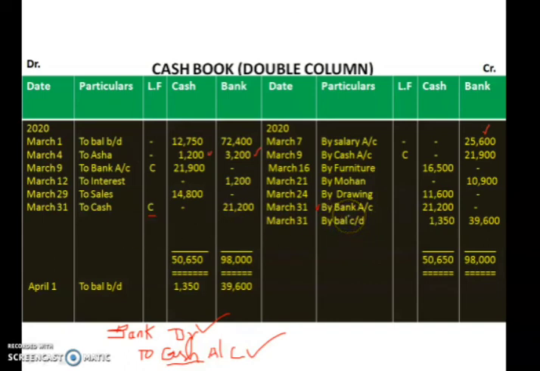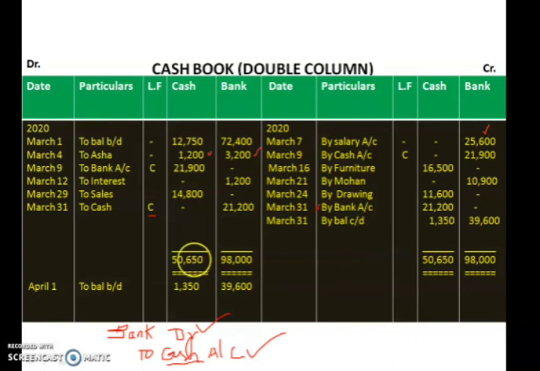Now the very important part is the closing of this cash book. When you close the books, you can see that the cash debit side will be more than your credit side. It should be more, because this is your receipt side. So your receipt side will be more than your payment side.